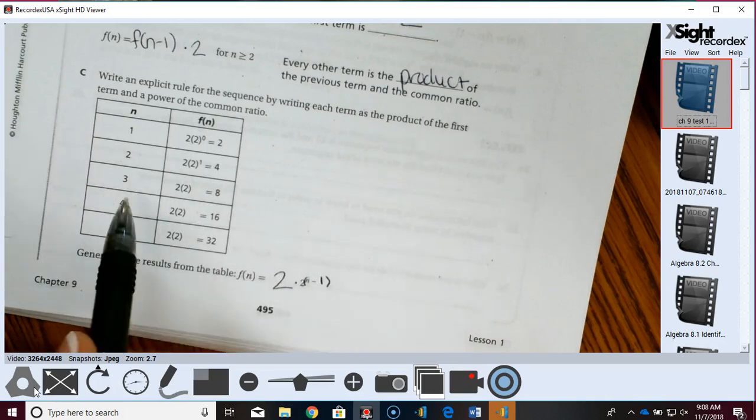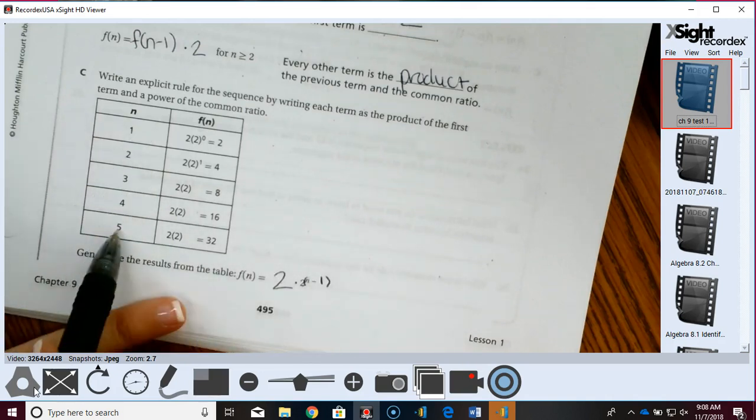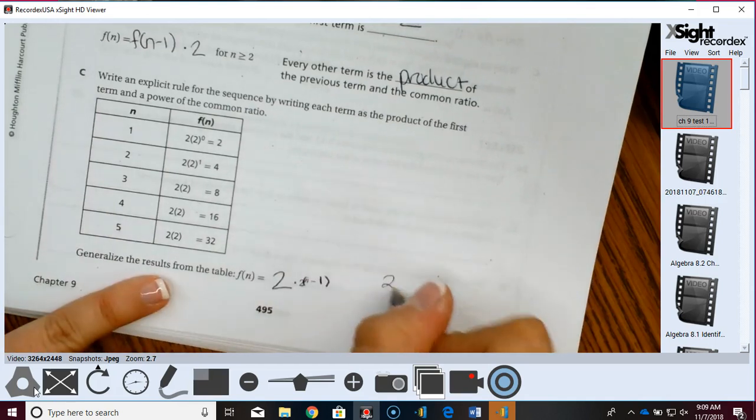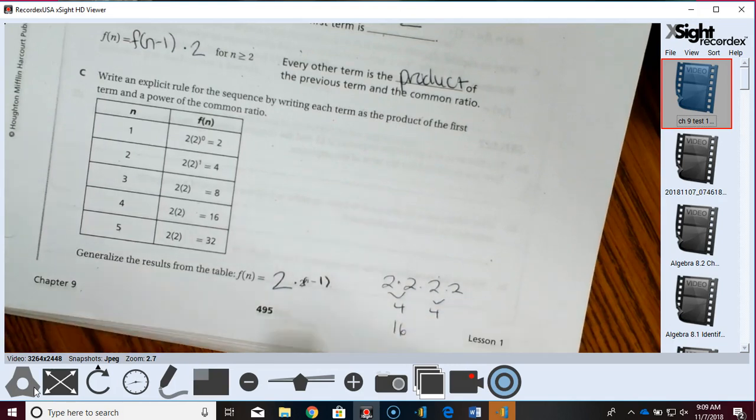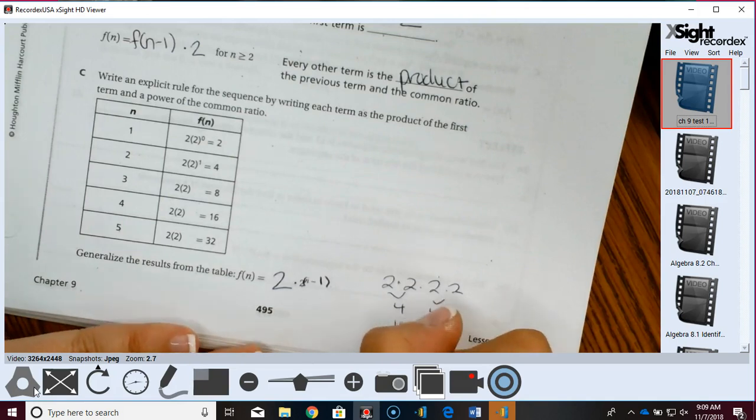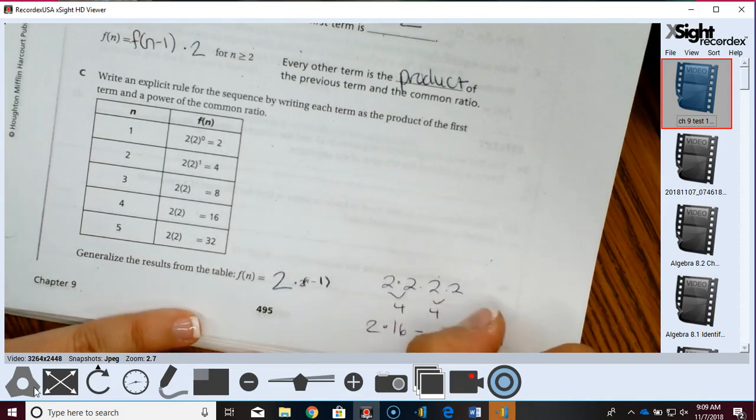So if I'm doing term 5, 5 minus 1 is 4. 2 to the 4th is 16, and 16 times 2 is 32.